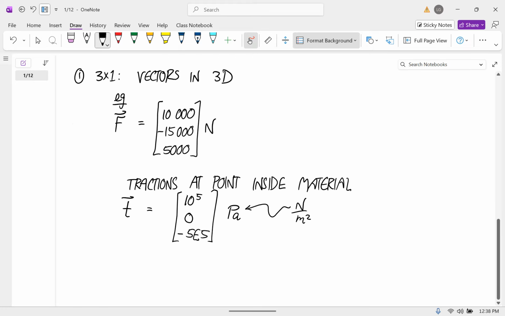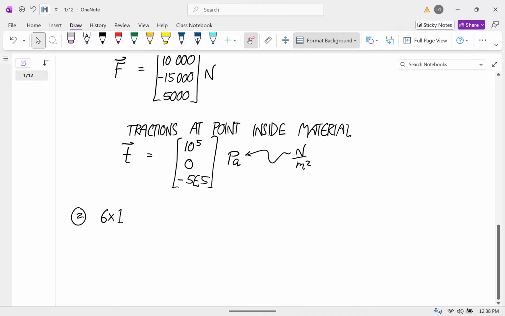The second size that's going to be important to us is 6x1. And we'll use this for what's called the Voigt form of stress and strain.